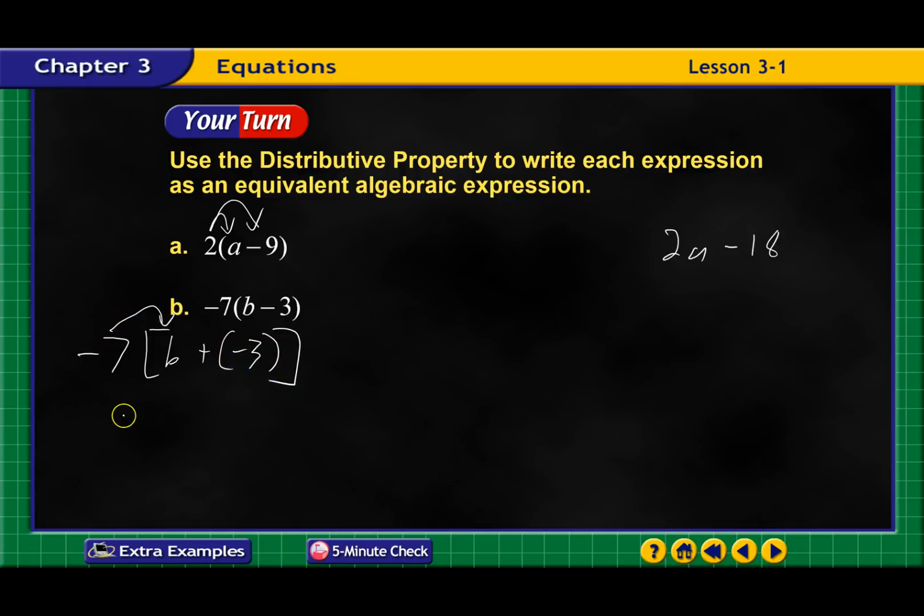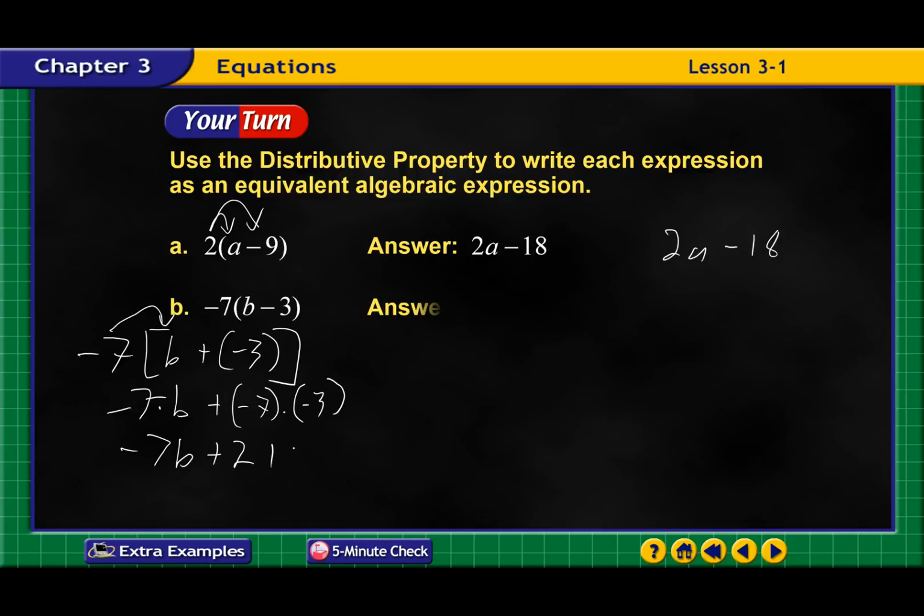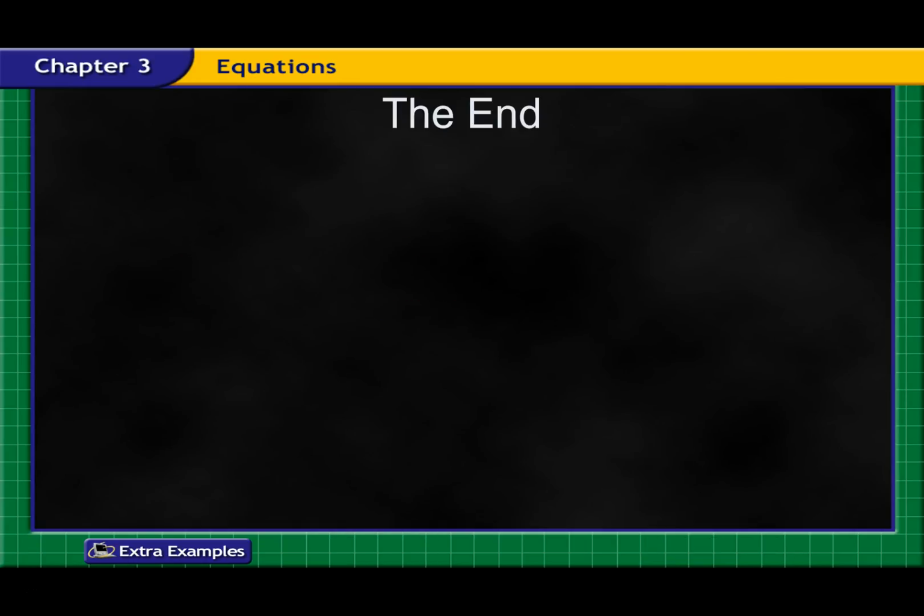Then we distribute, so negative 7 times b plus negative 7 times negative 3. Negative 7 times b will be negative 7b, plus negative times a negative is a positive. So positive 21. That's it. See you in class.